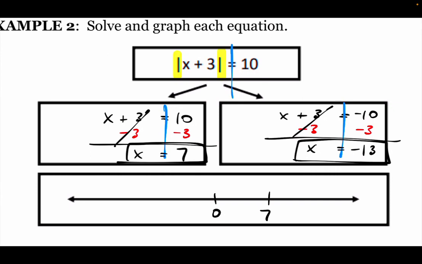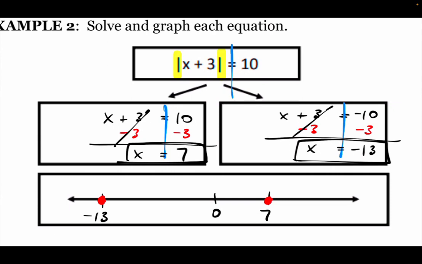So I'm going to put about double the space, so about negative 13 right there. You don't have to put all the little tick marks in between. 1, 2, 3, 4, 5, 6, negative 1, negative 2, you don't have to do that when they're that far apart. I did it on the last problem because it wasn't that far apart. Dot, dot, you're done.